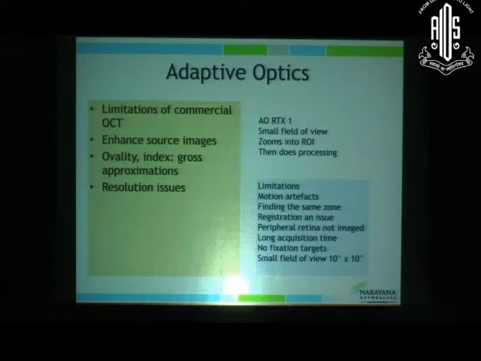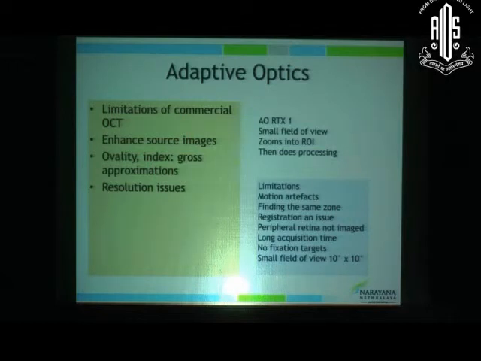The current machine that we have has a small field of view and it zooms into regions of interest. The problem with that is whether we can reproduce that same region of interest the next time you want to look at a defect or see if it's gotten worse, and that might be a little tricky. It also processes those images, so there are motion artifacts, because the image takes a little longer to register than is acceptable with the current OCT devices.